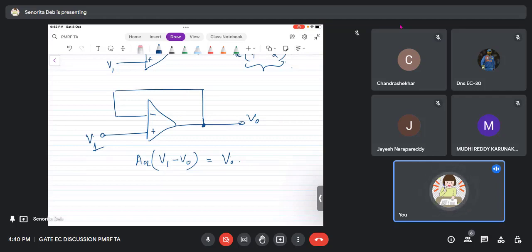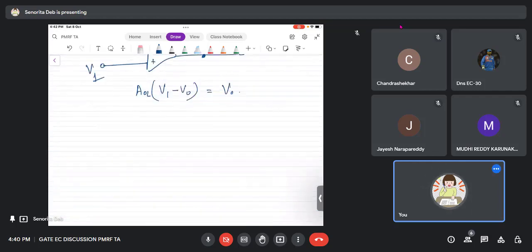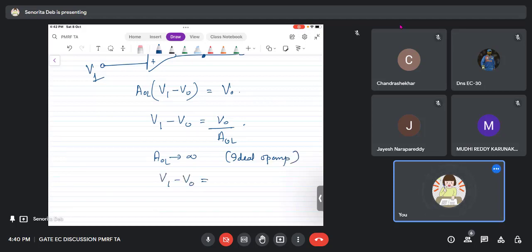If you see now, V1 minus V0 is nothing but V0 by AOL, and therefore if AOL is infinity as with an ideal op amp, what is this error? It is 0.